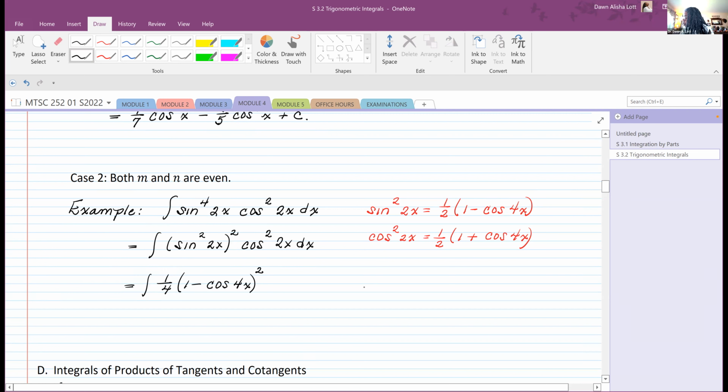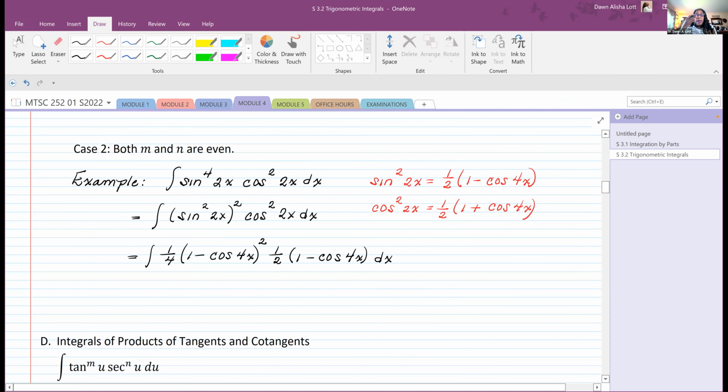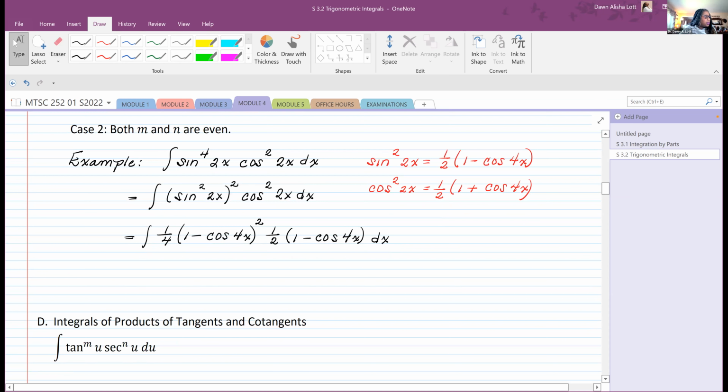And then the cosine squared gives me another 1/2, and then I'm going to have 1 plus the cosine of 4x dx. So now you have algebra to do to multiply that out. I do know that Mr. Piaget should have covered that. If not, we can come back to it if you have a question. Okay, and then you just continue.